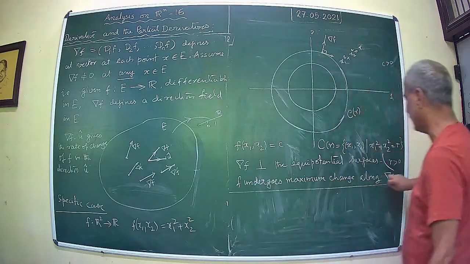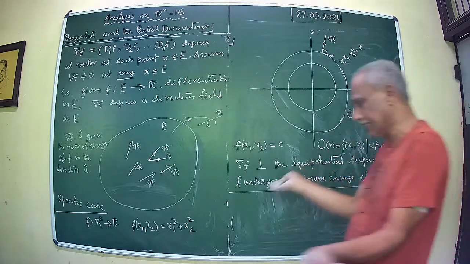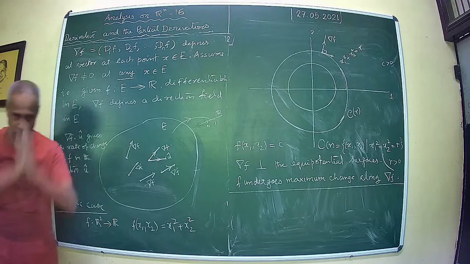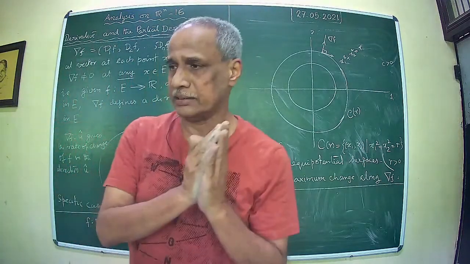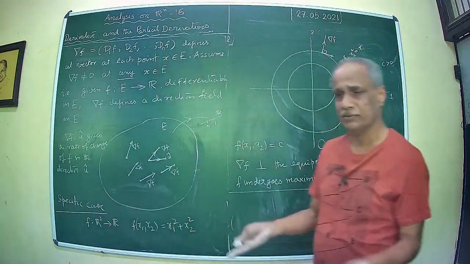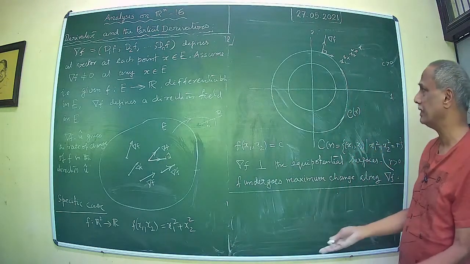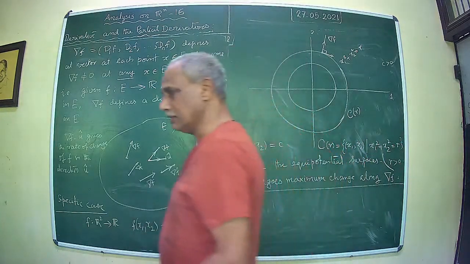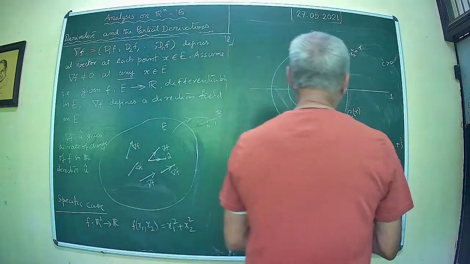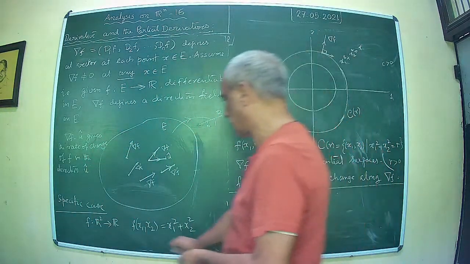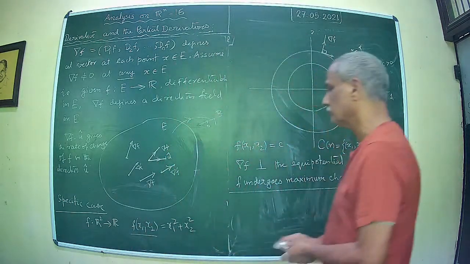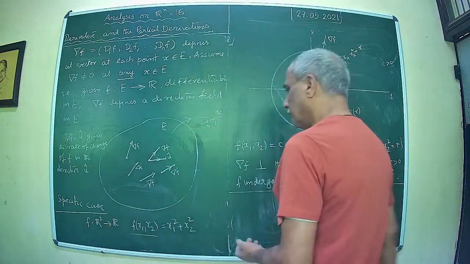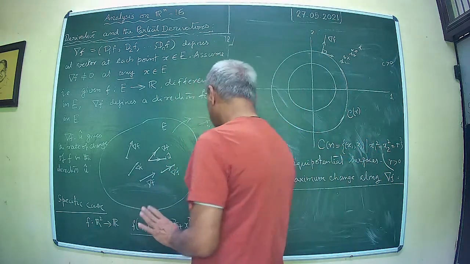That's quite easy to see, because in the tangent direction f undergoes no change at all, whereas in the normal direction f undergoes maximum change. In any other direction it undergoes a certain change, but that change can be calculated. Therefore the derivative or the change of f in this region can be computed if you know grad f at each point.